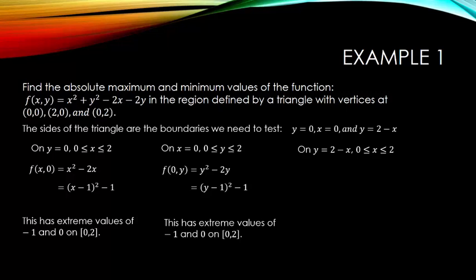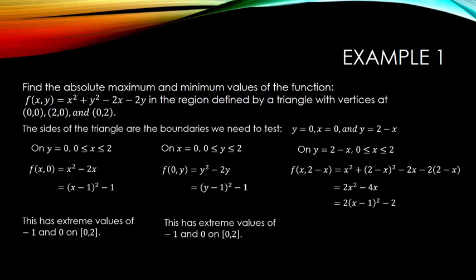On the line y equals 2 minus x, x runs from 0 to 2. f at x and 2 minus x gives me x squared plus the quantity 2 minus x squared, minus 2x, minus 2 times 2 minus x. This reduces to 2x squared minus 4x.